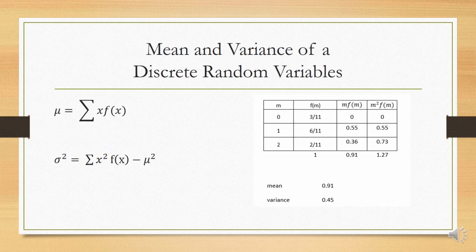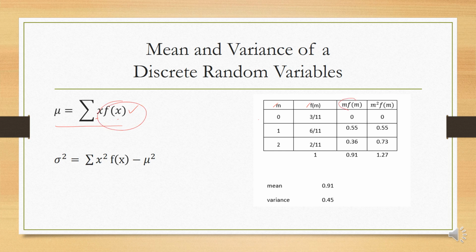Now, in probability distribution, we can also solve for the mean and the variance. Okay? So, ito ang general formula. So, these are only notations. So, you can assign any letter for the variable. So, for our example, dun sa red marbles natin, M ang ginamit natin at saka f of m. So, to find the mean, all you have to do is get the product.